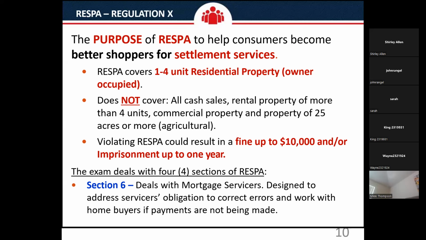Just because a bank makes a loan doesn't mean it wants to service it, meaning it doesn't want to do the monthly collection of the principal, interest, tax, insurance, and things of that nature. So that's what the servicers do. They're designed to address the obligations to correct errors and work with home buyers if the servicers are not making payments on time. For example, if there's something wrong with your payment or the servicers didn't pay the taxes or the insurance, that would be a violation of RESPA Section 6.